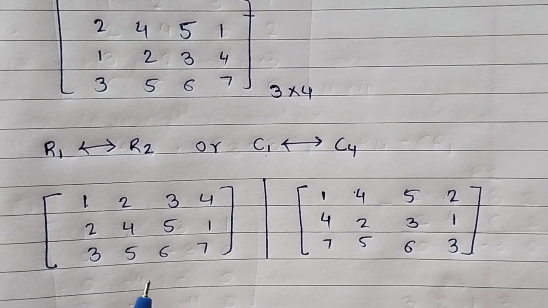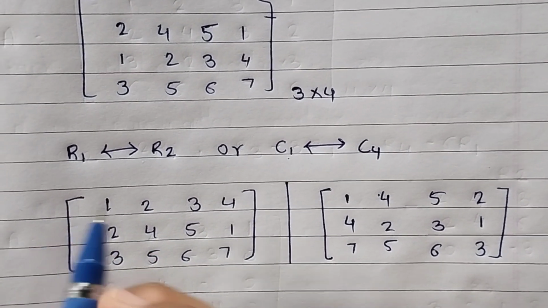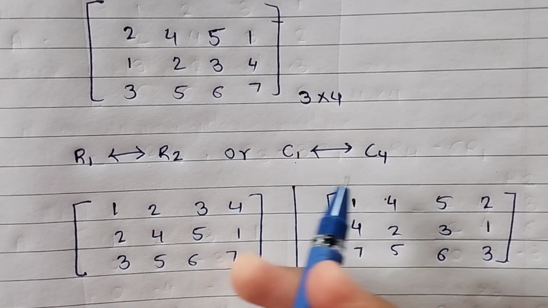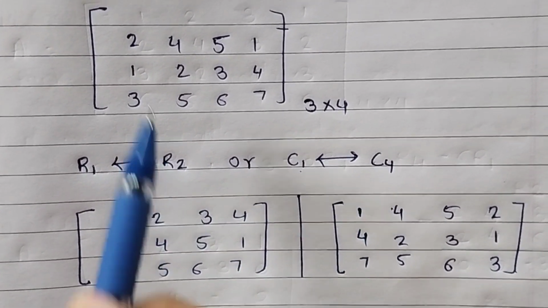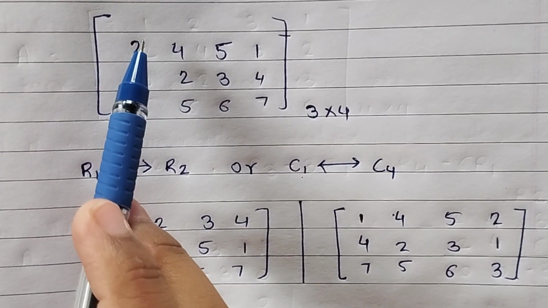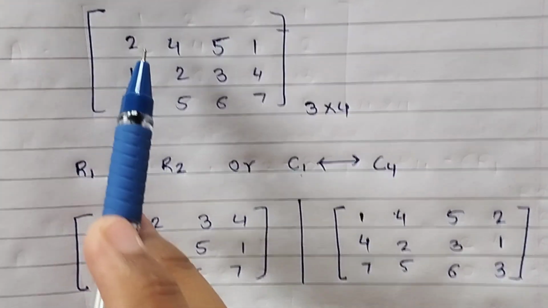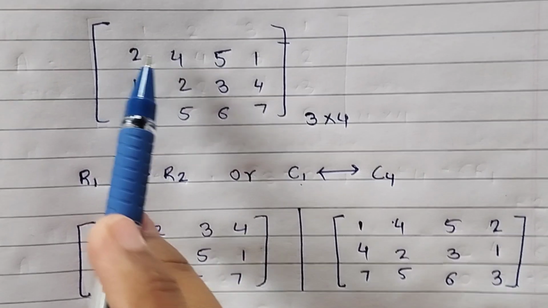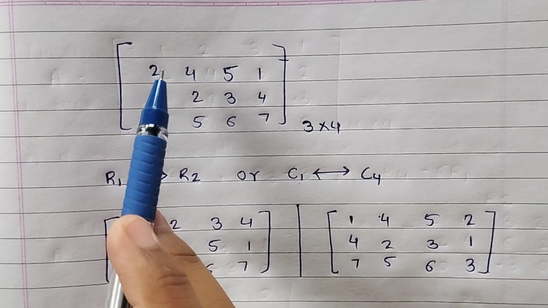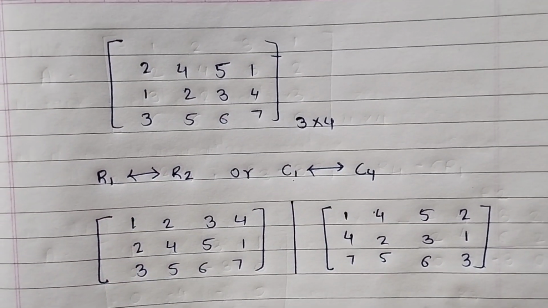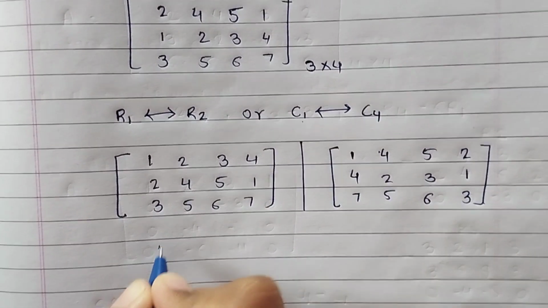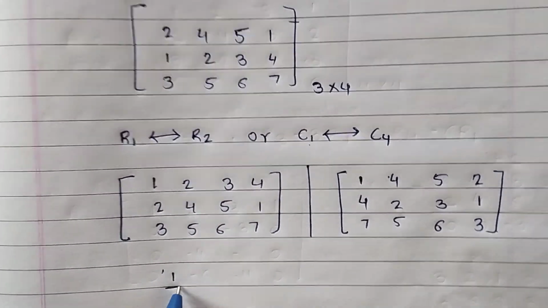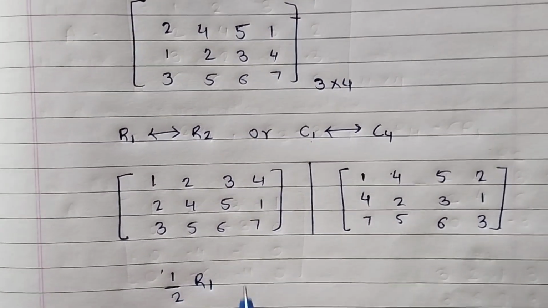And another way: if you don't want to interchange any two rows or any two columns, then at that time divide the row or column by a11 itself. Means when we divide 2 by 2, then we automatically get 1. So apply 1 by 2 R1.